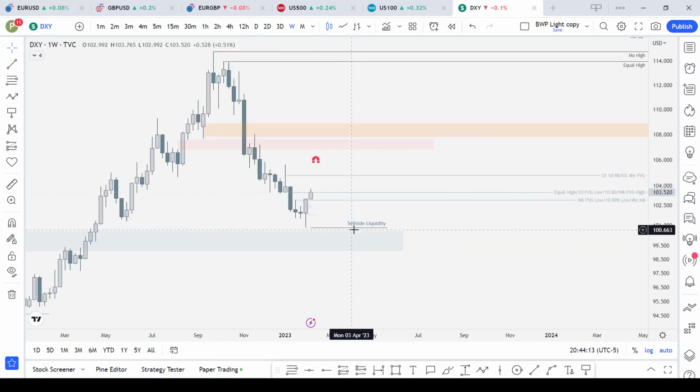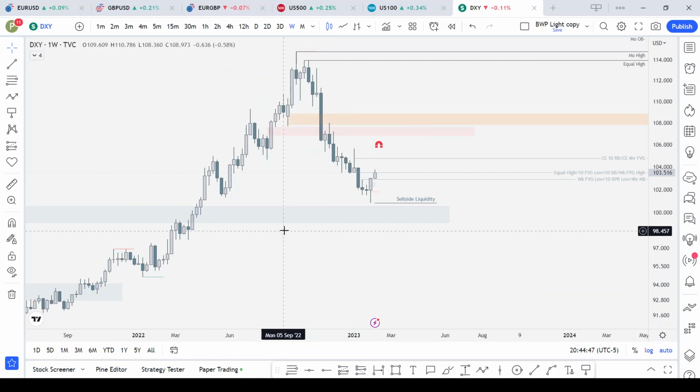All right. So we have this other block as well, and we have the consequent encroachment of this week. Okay, the low and the high of the week is going to be important, because they are very sensitive areas. If you look at this candle, the first question I ask myself when doing my analysis on the weekly time frame is: are we likely going to reject down, or are we likely going to rally up?